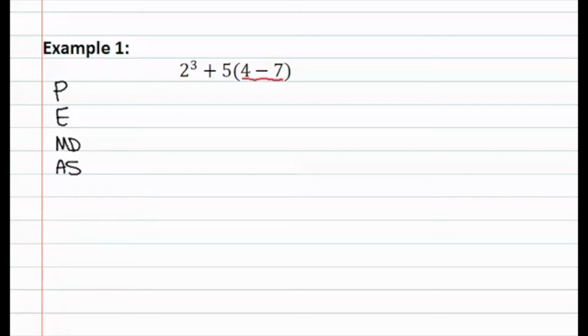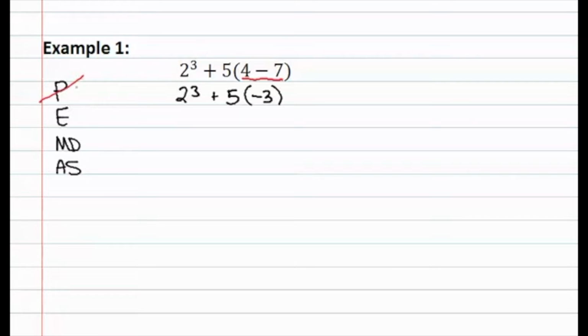We start by doing 4 minus 7, which results in a -3. Because we have not actually used the parentheses, we must carry them down. All we have done is assessed the combination of the numbers within the parentheses. We also bring down the rest of the problem.